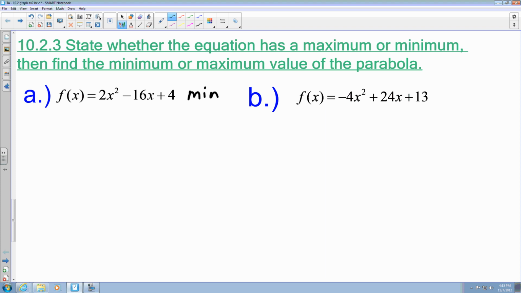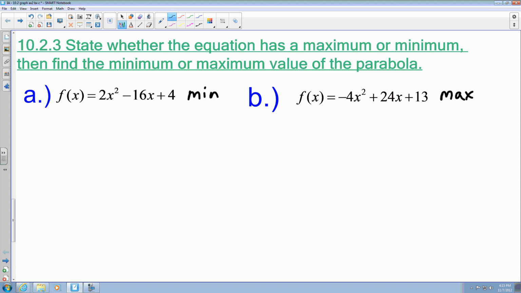For B, it's f of x equals negative 4x squared plus 24x plus 13. A happens to be negative, which is a negative 4, and because it's negative, it's going in a downward direction. And since it's going in a downward direction, we can say that it has a maximum value.